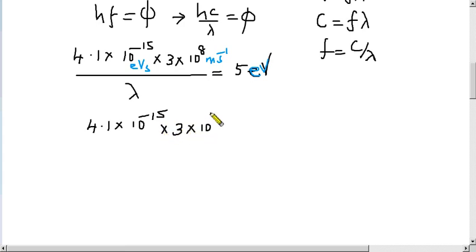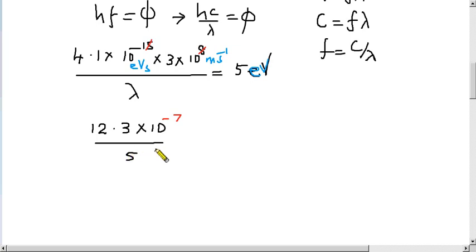So we can simplify. We have to multiply this 4.1 by 3, 12 times, then this plus 8 cancels with minus 15, then minus 7, then divide by 5, equals lambda. We took lambda to this side, 5 to this side.